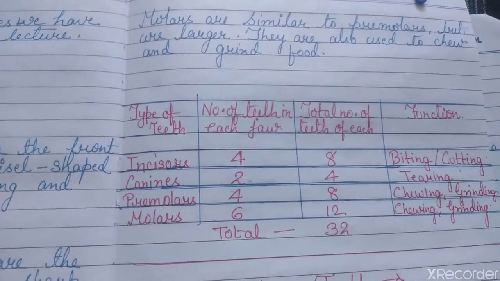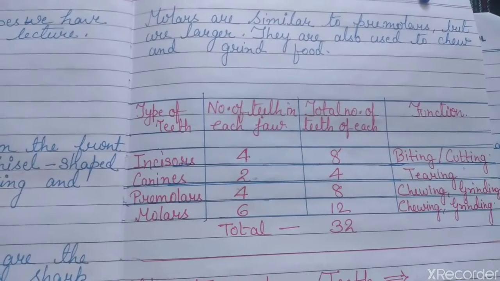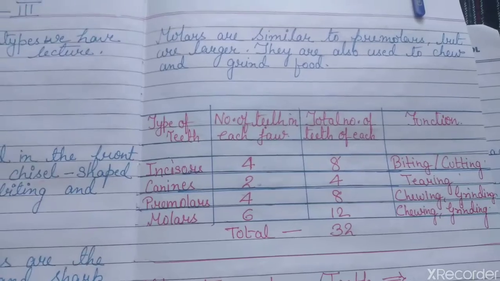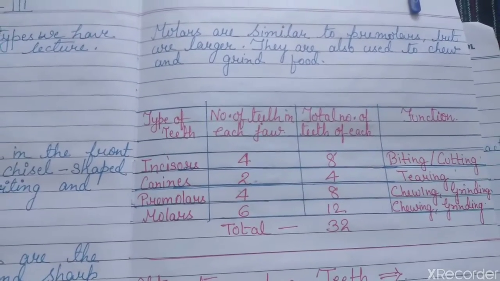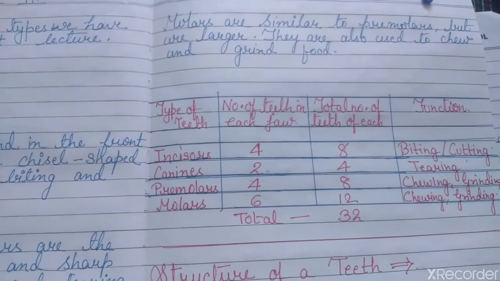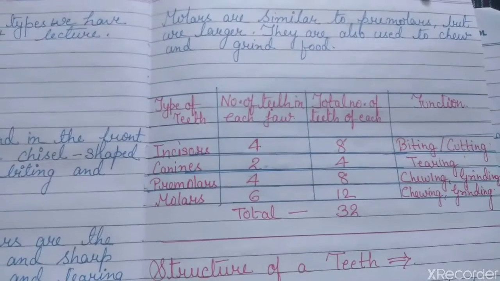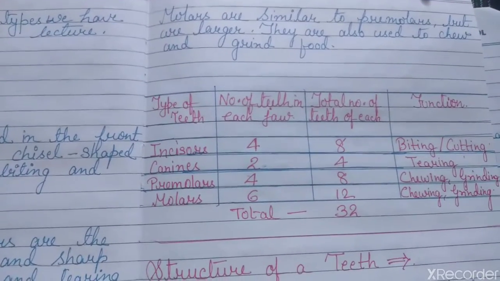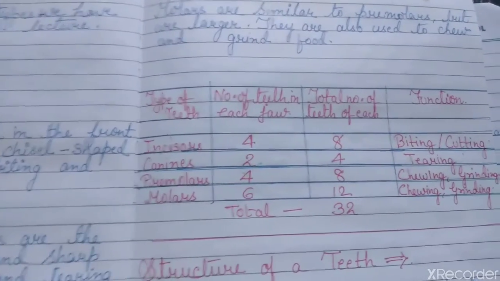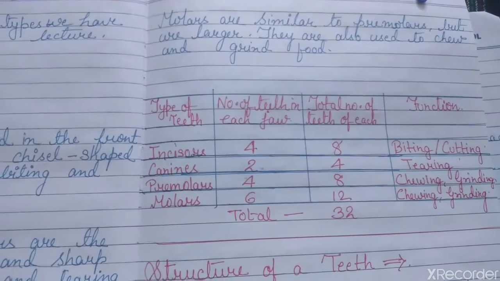Next is canines. The number of teeth in each jaw is 2 and the total is 4, and the function of canines is tearing. Like that, premolars number 4 in each jaw and the total is 8, and their function is chewing and grinding. Molars are the same as premolars in function, but their number is more.